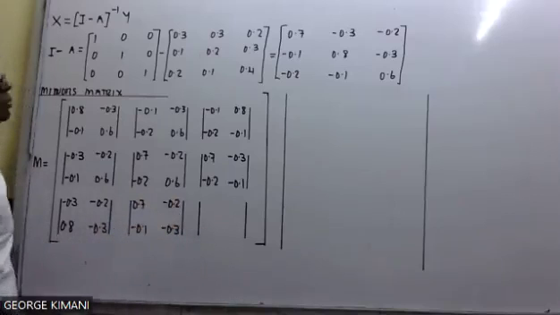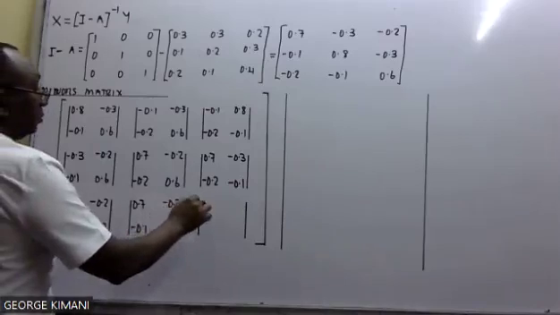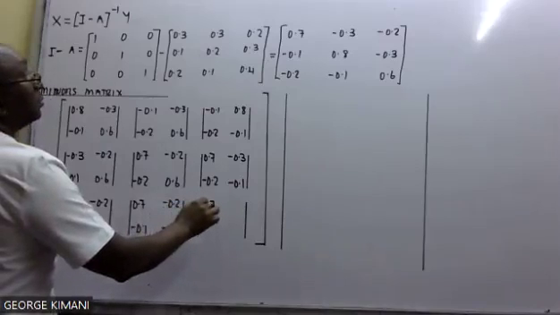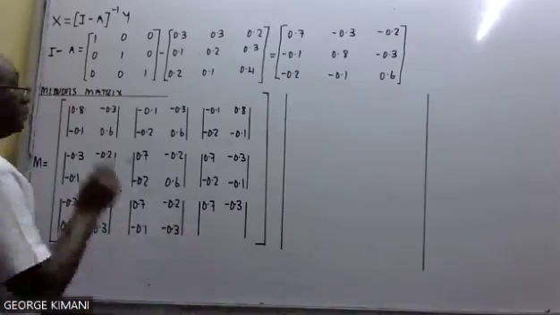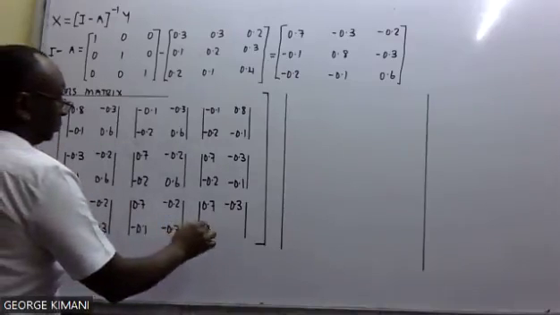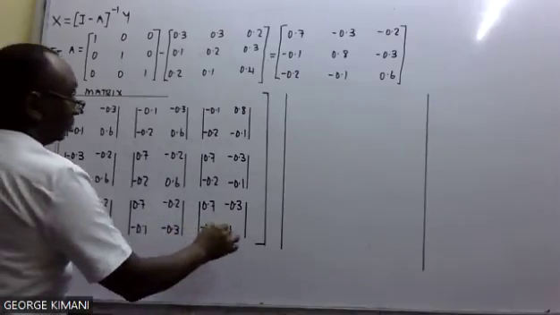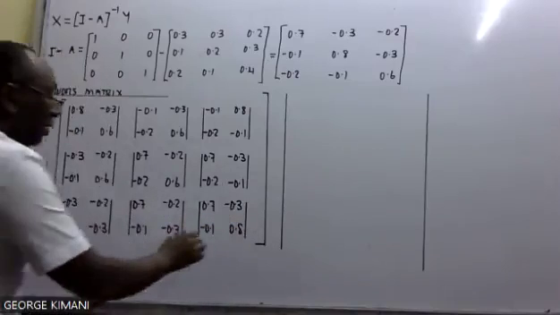Then the next one, if we come here, we cross that and we cross that, it's 0.7, negative 0.3, 0.1, and 0.8. Good. That is very good.